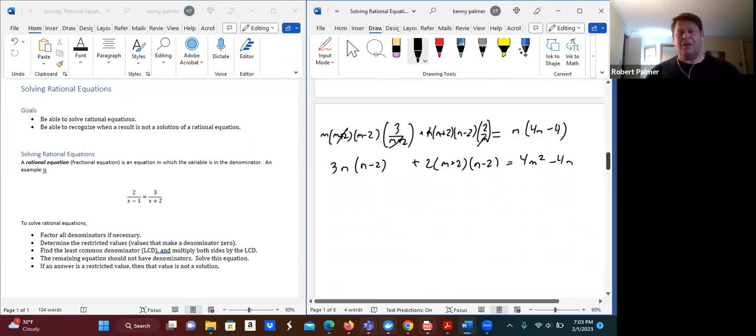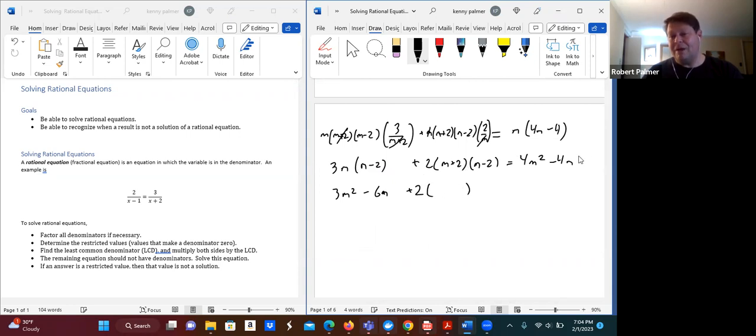Okay. Let's take everything a step at a time, because the good thing is there are no more denominators. That was our goal. So let's go ahead and distribute this. So we have 3m squared minus 6m. Now here we're going to have 2 times, and if you FOIL this out, let's look back.